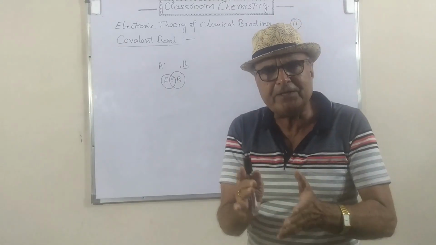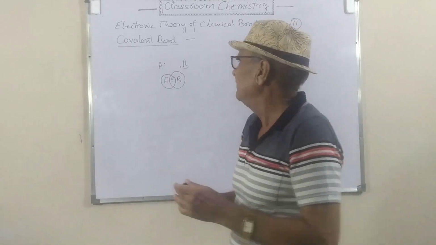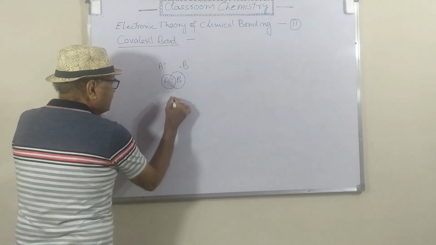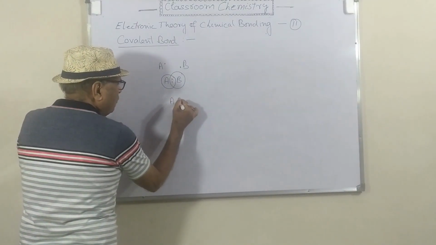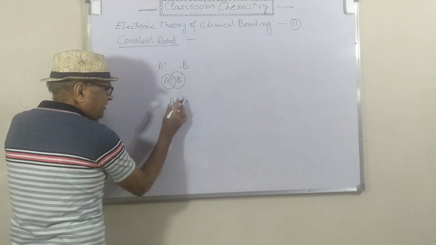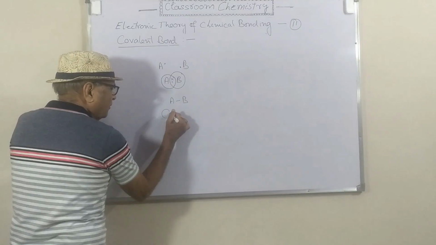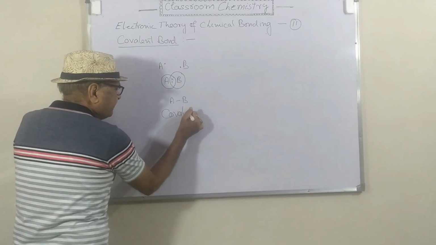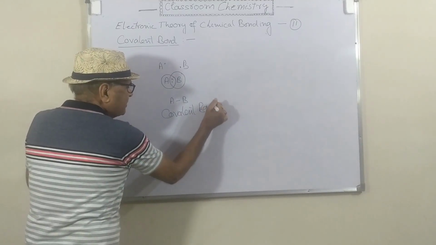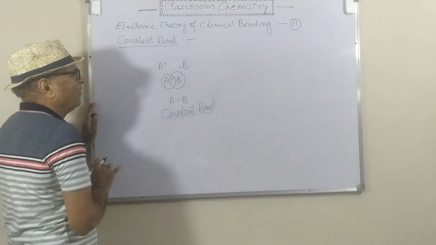I will explain one by one. Here, between A and B, you show the covalent bond by a dash. This is the sign of a covalent bond. This is called a single bond.